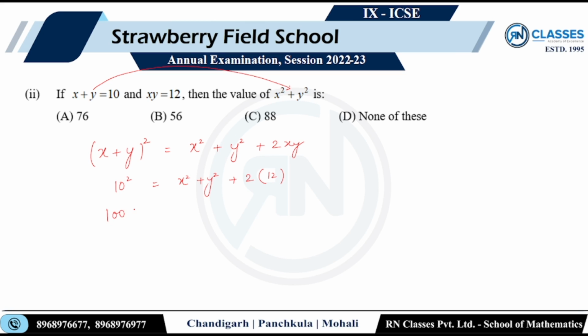This becomes 100, and this comes here as minus 24, x square plus y square. So, 100 minus 24 is 76. A part is the right choice.